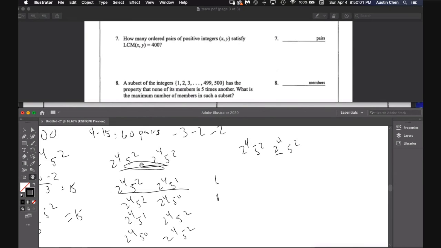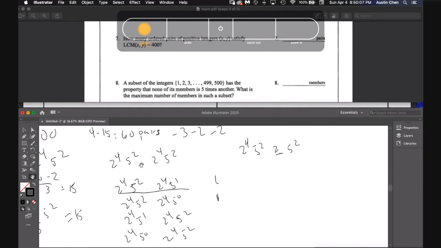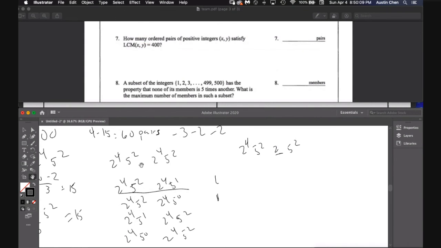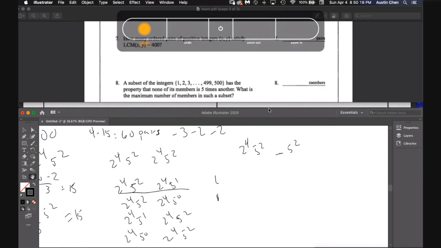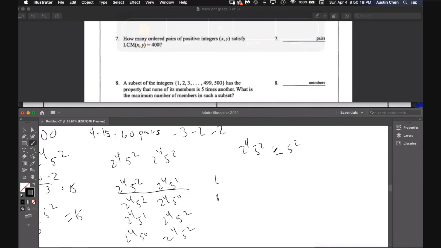If we overcount the overcounts, then that's also going to be bad. We're going to be subtracting too much. So we don't want it to be 4, but we need it to be less than or equal to 4. So then it has to be 2 cubed or lower. So then this can be 0 through 3, right?